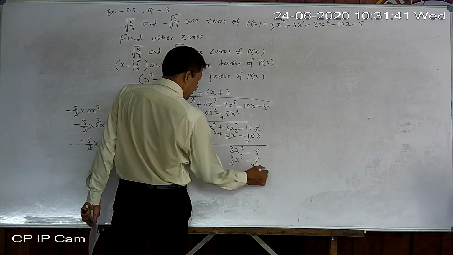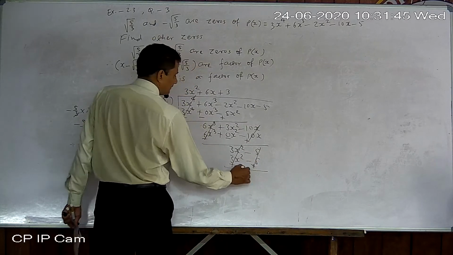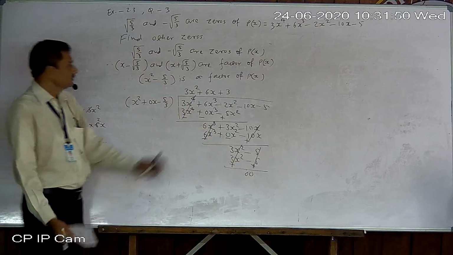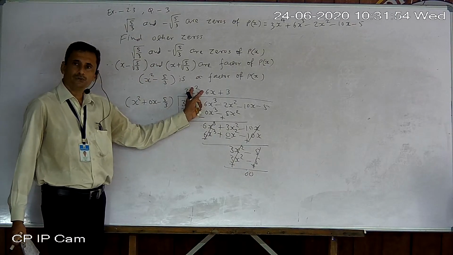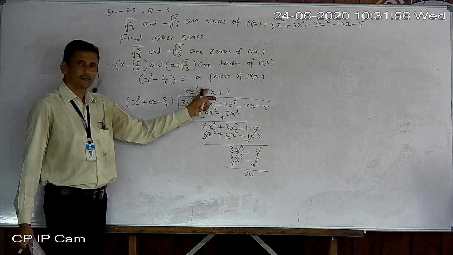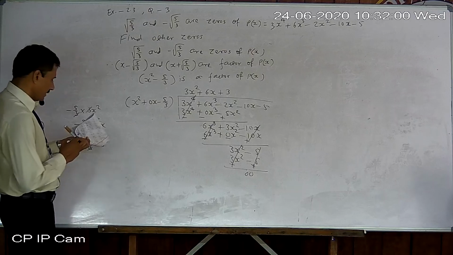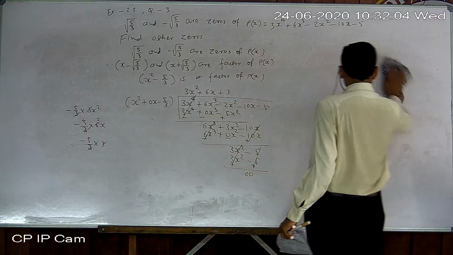Minus plus, this term is gone and the equal and opposite 5 also. We divided by a factor, so we get this portion. Now you can find the remaining zeros after factorizing this quotient polynomial. So now I am doing that factorization process here.